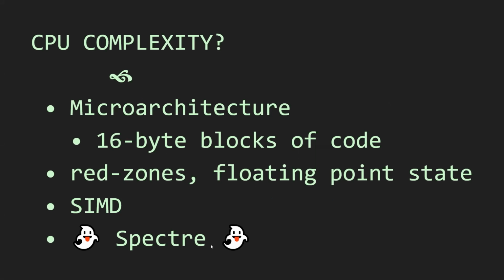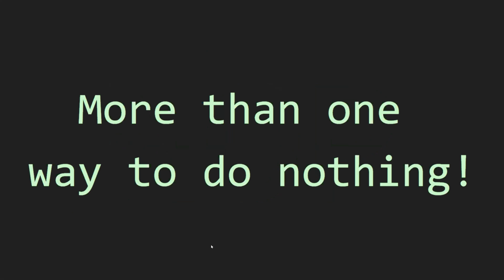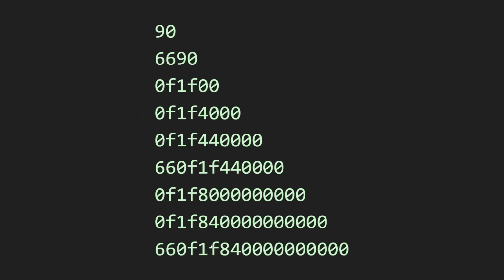One illustration, I'm going to talk about the block boundary one just as another example, because it'll show up in some of the machine code snippets I'm going to show in a second. But a simple thing like a no-op, doing nothing, on contemporary systems, there's more than one way to do it.